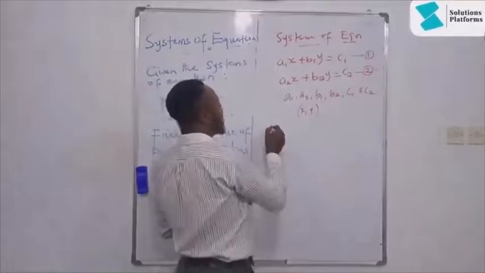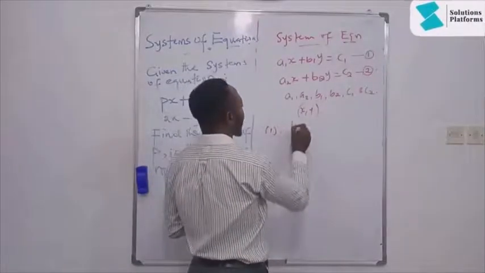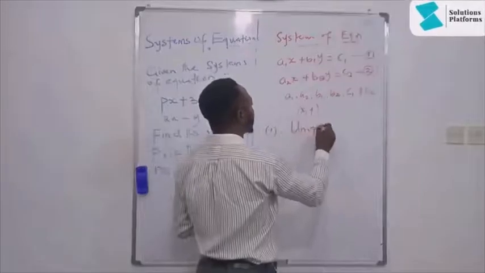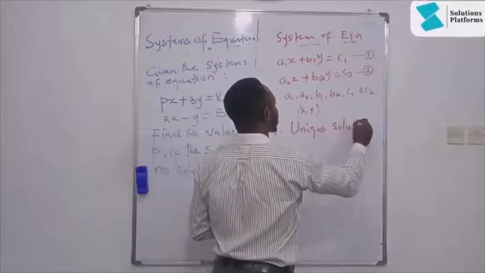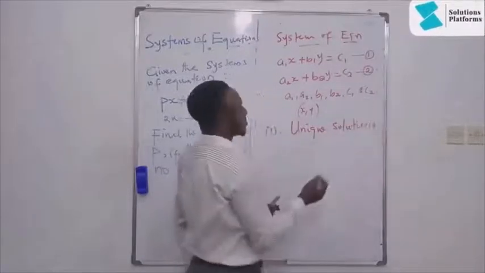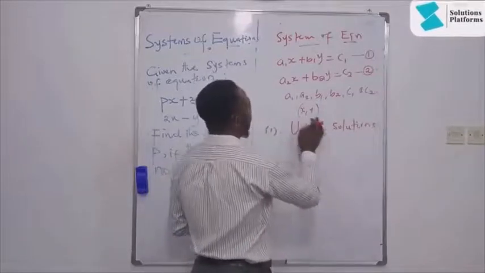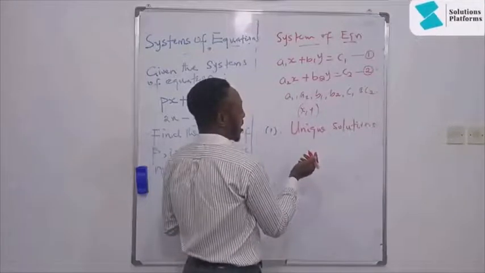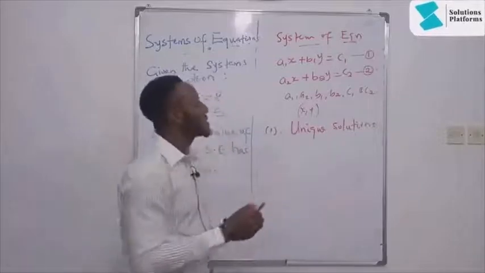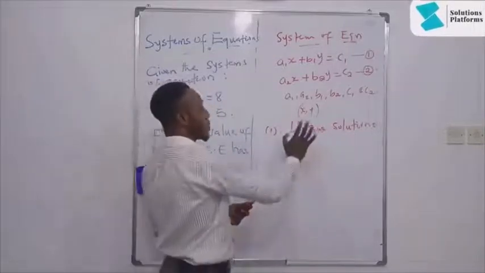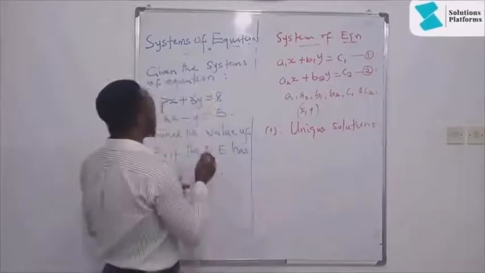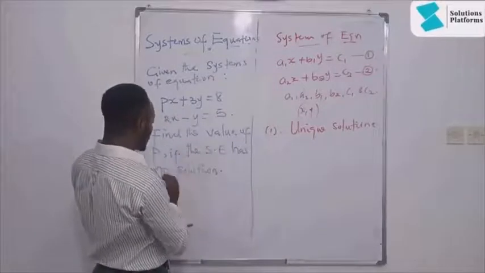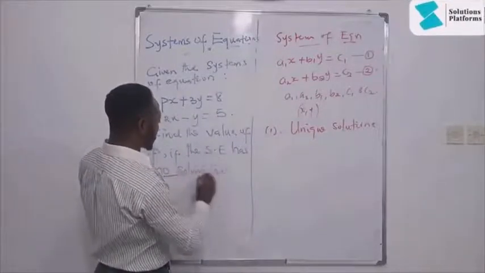So the first case is when you have unique solutions. You can use this to solve for your x and y. The major reason of today is not just to focus on it. The emphasis is going to be on no solution, when the system of equation has no solution.